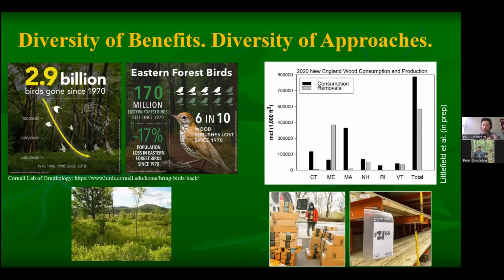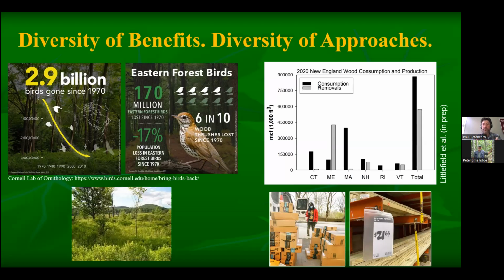And that's both wildlife biodiversity, but also, I'm working with some colleagues right now, we're finishing a draft of a publication looking at the production and consumption of wood in New England. And as you can see, the consumption rates in New England, with the exception of Maine, far outweigh our removals in these states.